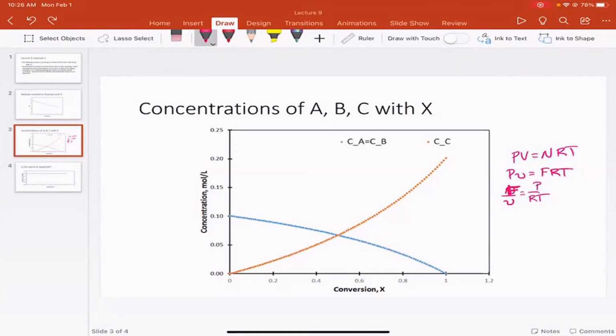But then if you step back and think about what's actually happening, that you have a rigid box, that the total concentration has to be equal, well, then this makes total sense, because once you get to 100% conversion of A, you've consumed all of it. And so then the concentration of C must be twice as much, which is not something we would have thought of before. And of course, that's only something you'd have for a gas phase reactor.